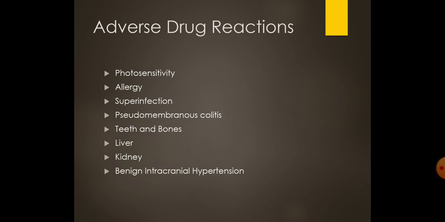The stools contain shreds of mucous membrane and blood. These kinds of problems can be treated with metronidazole, and if the superinfection is resistant to metronidazole, then vancomycin is probably used to tackle the situation.